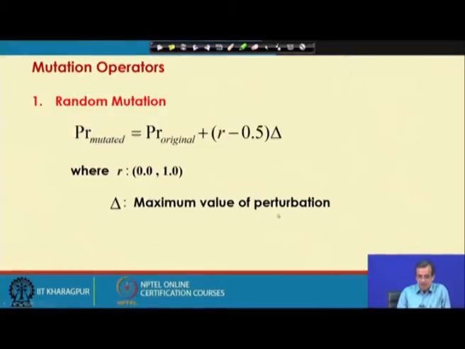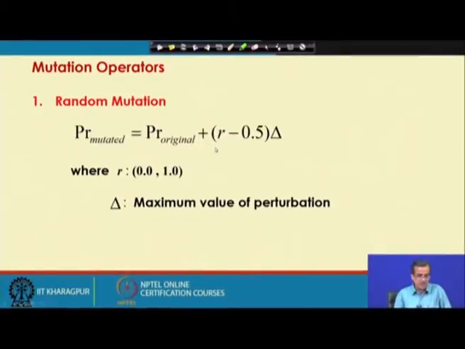That means how much dissimilarity you are going to consider in the mutated solution with respect to the original solution is supplied by the user with the help of this delta. If you supply the delta, and r is generated using the random number generator, I can find out the mutated solution.